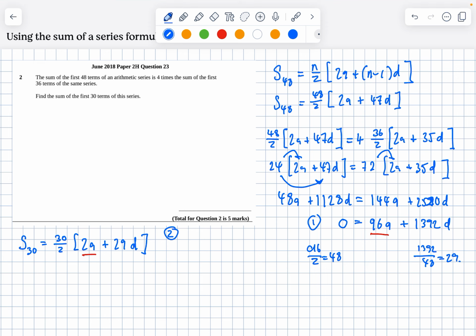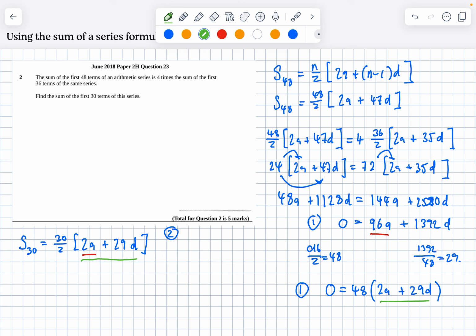Right, so for equation 1, I can factorise it, because 48 is a common factor. So I can write this as 48 times (2a plus 29d). All I've done is factorise that. But now I can compare this with my sum of 30. It's 2a plus 29d, and I've got 2a plus 29d.